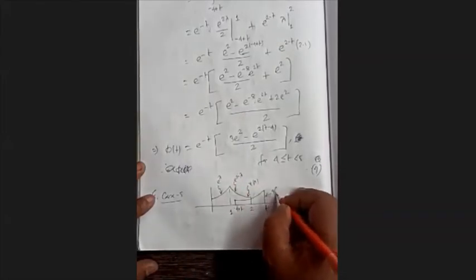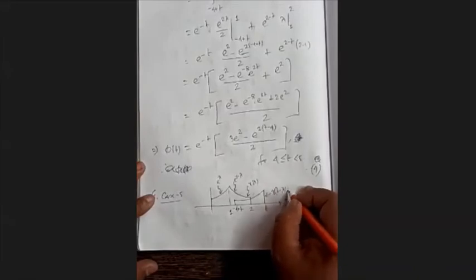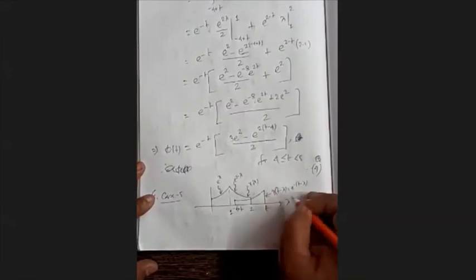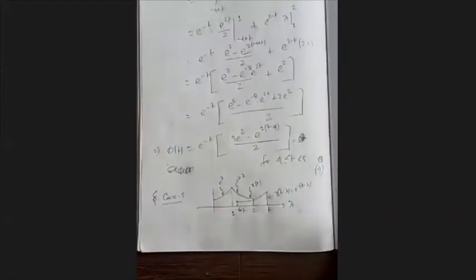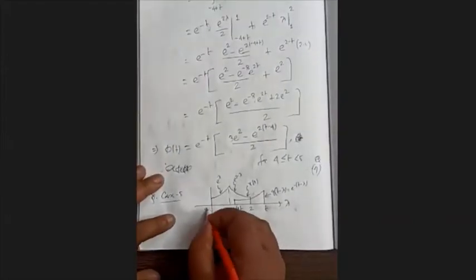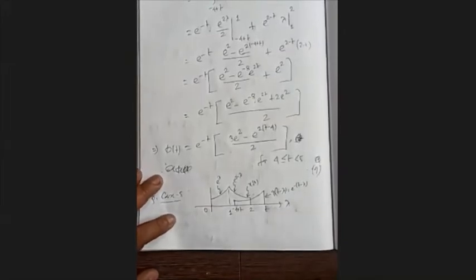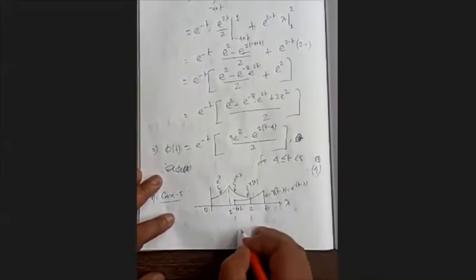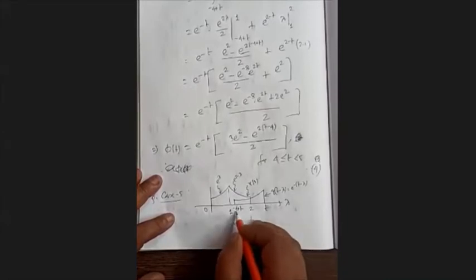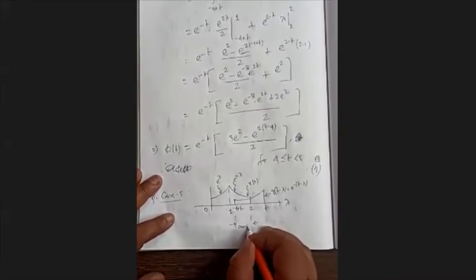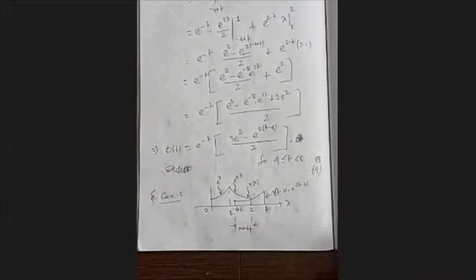This is our g t minus lambda, or e to the power minus t minus lambda. That one. So our overlapping will be from minus 4 plus t to 2.